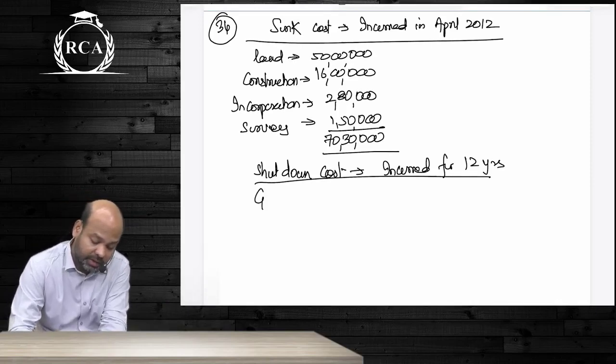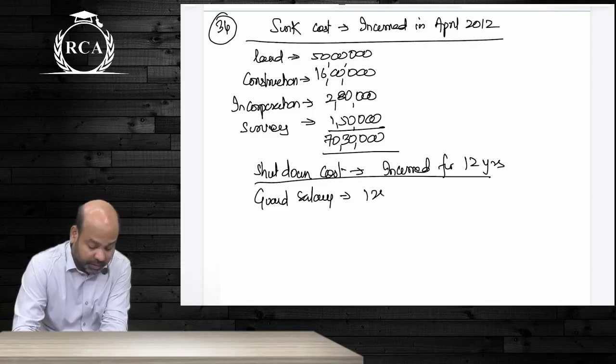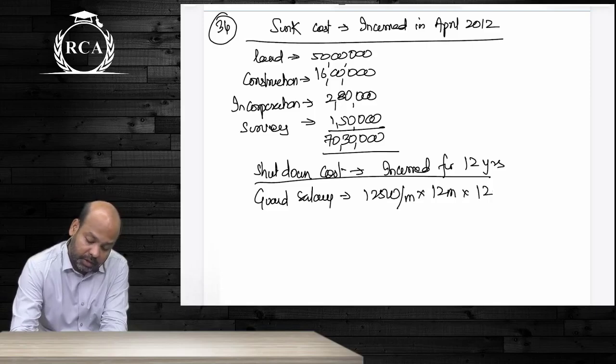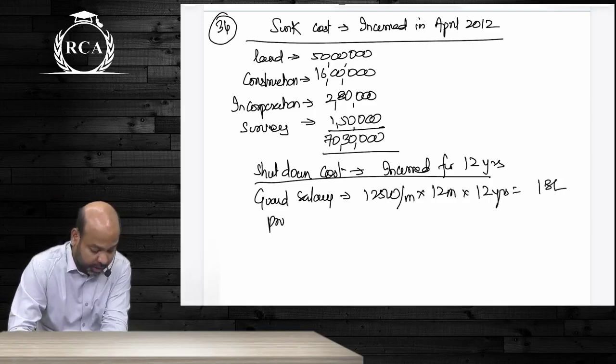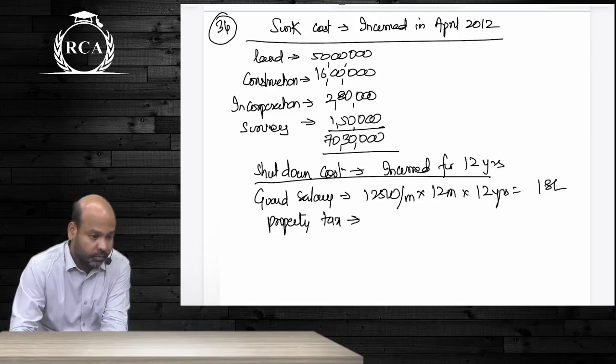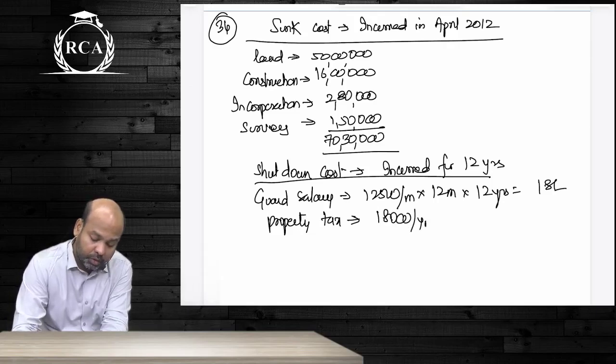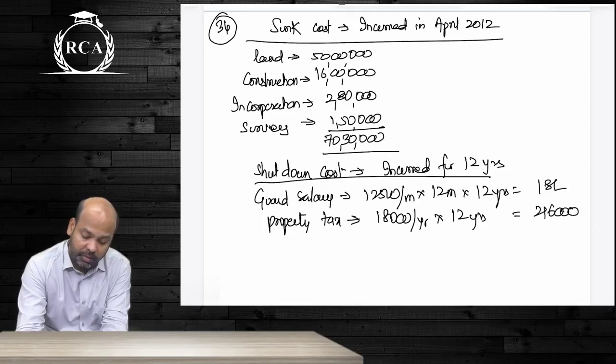The guard's salary is 12,500 per month into 12 months into 12 years, which is 18 lakhs. And then property tax, 18,000 per year into 12 years, is 2 lakh 16,000. This will become 20 lakhs 16,000.